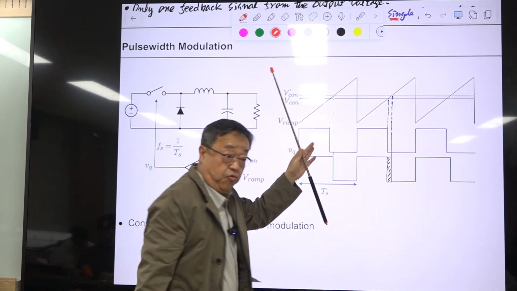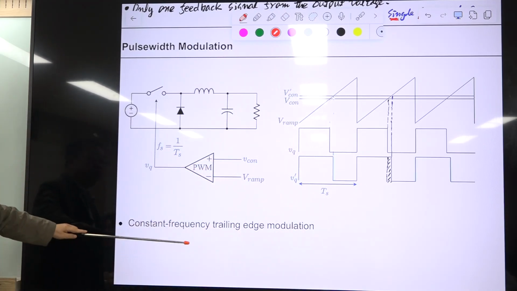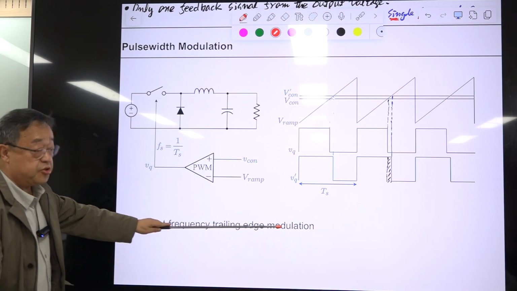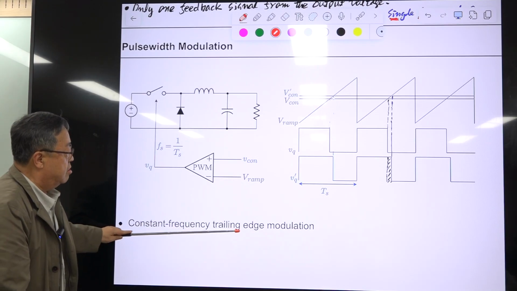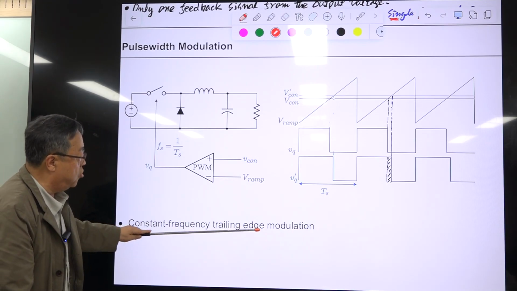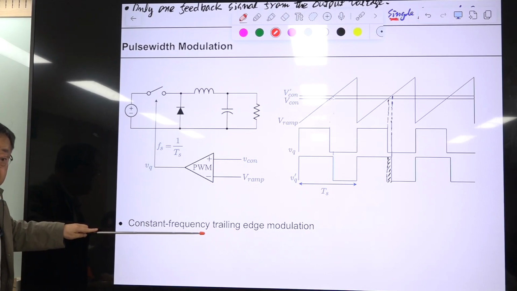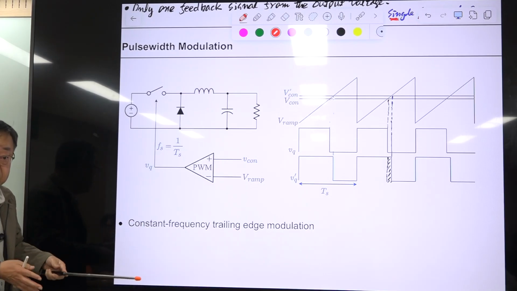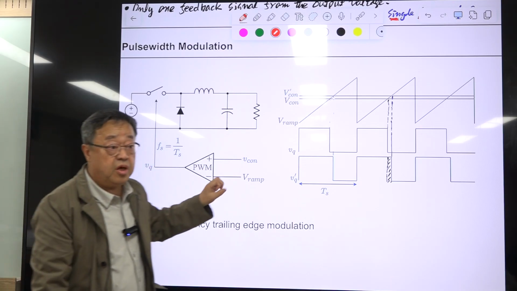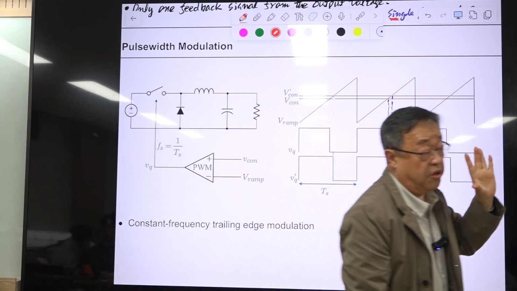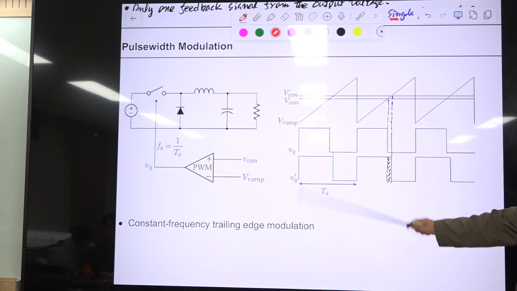of this. This is a fixed frequency, trailing edge modulation, but there are many variations. Leading edge modulation, dual edge modulation, frequency varying. Okay, frequency can be changed in some cases, but this is the most standard. In most textbooks and in our lecture series, we'll use this as the standard PWM scheme.